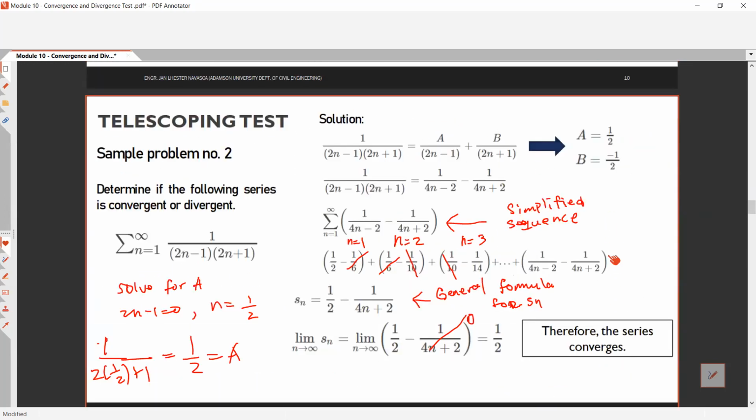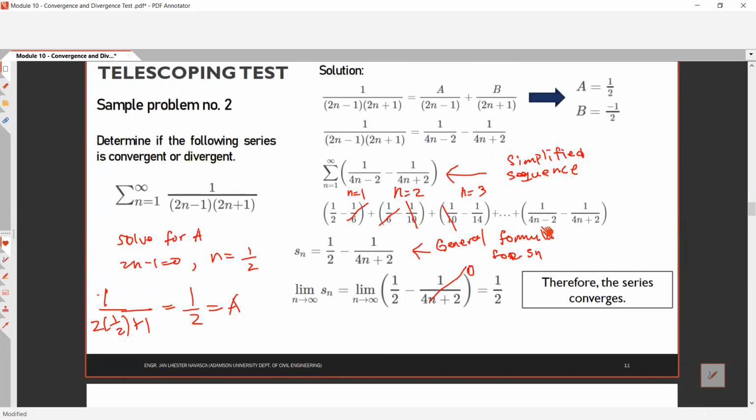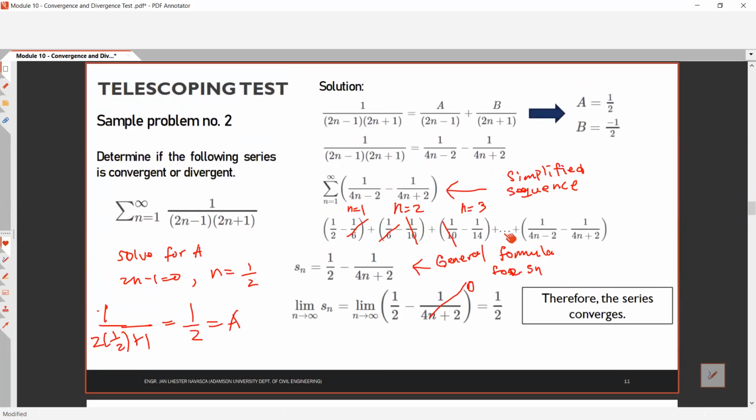Okay, so that is our sample problem number 2. Ang trick lang dito is to solve for the general formula for the summation of the series.